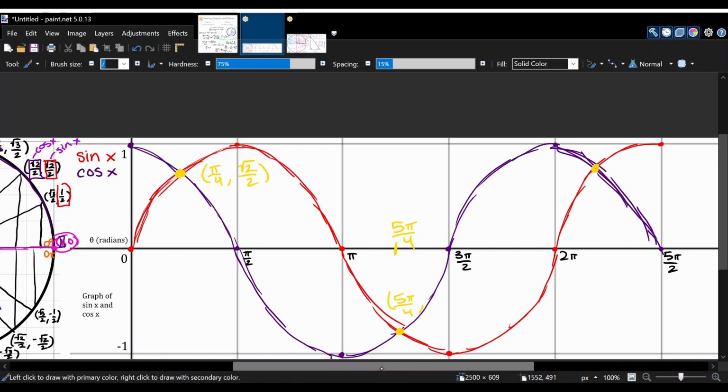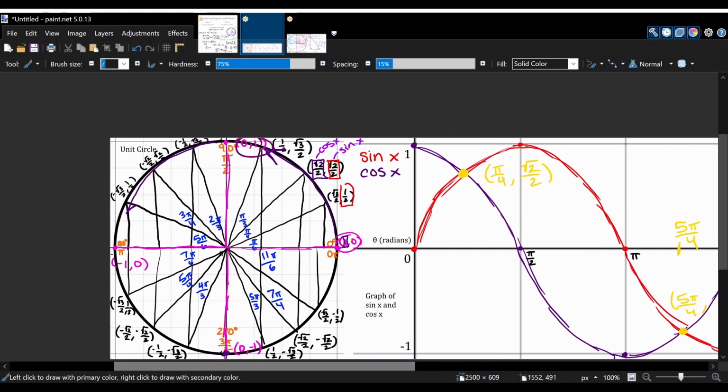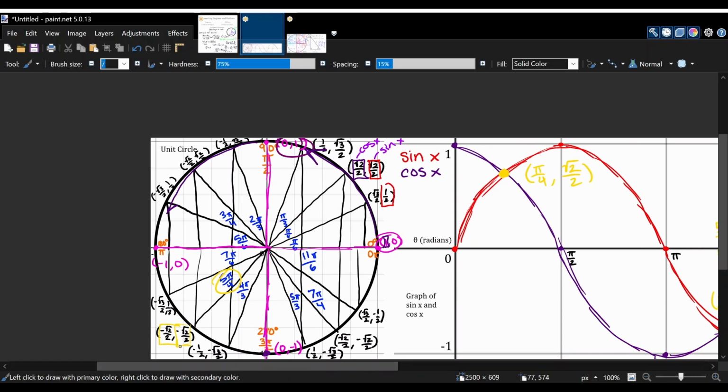But let's see what the y value is. 5 pi over 4 is right here. And the value of that is actually very similar. It's just the negative version of it.